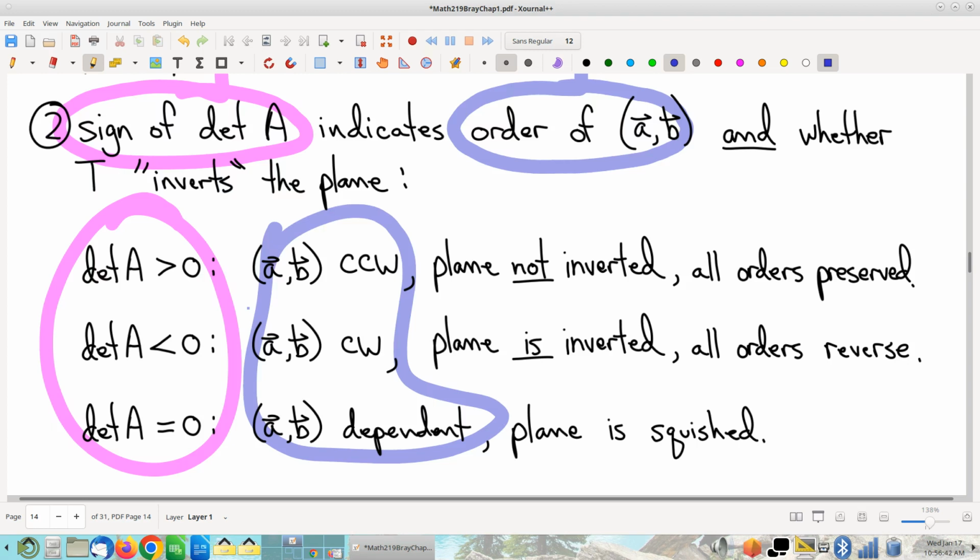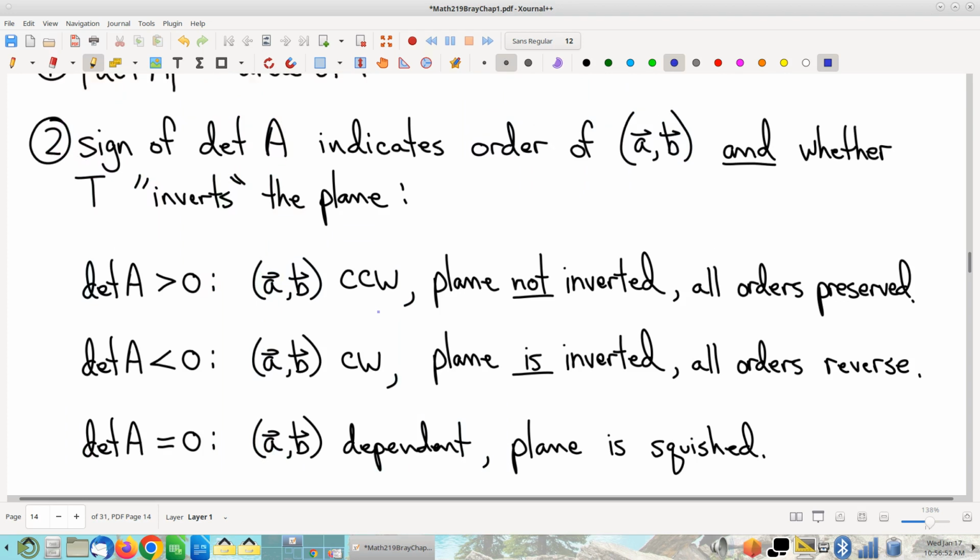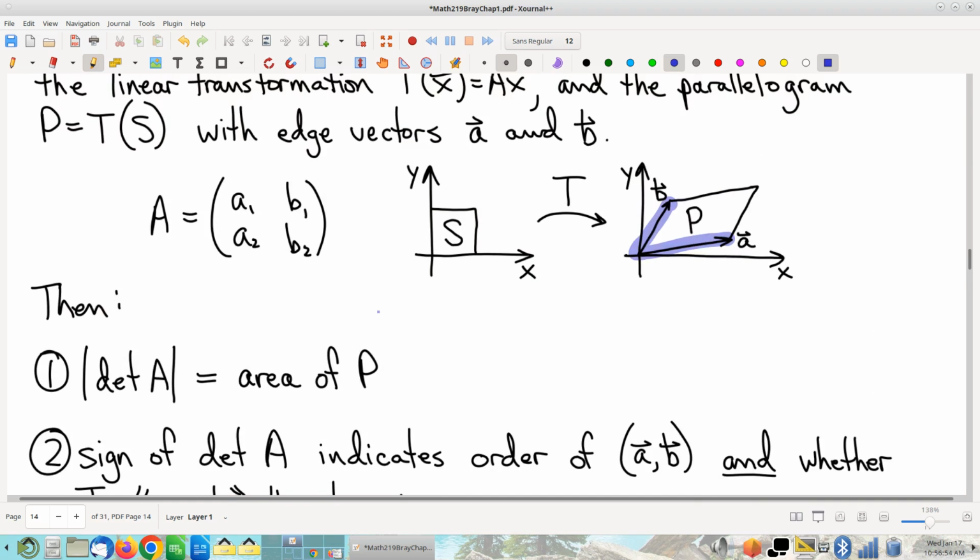Okay. There is a third cool fact. This one that we just looked at, shocking, right? Really surprising. The third cool fact is that there is a relationship between the determinant and the linear transformation.